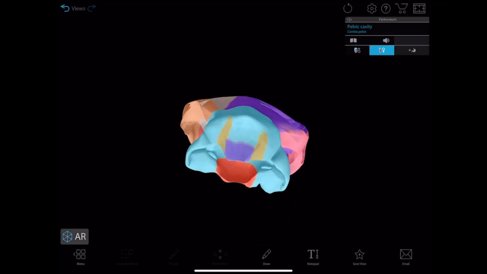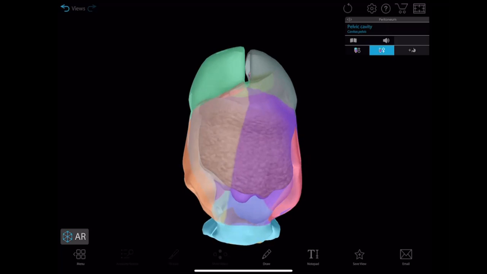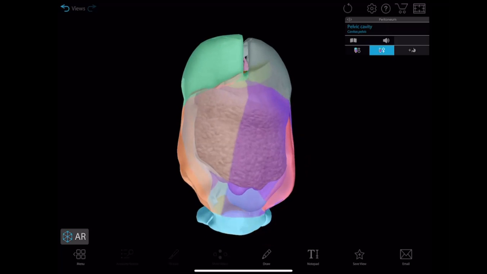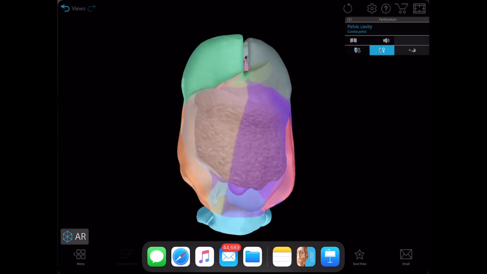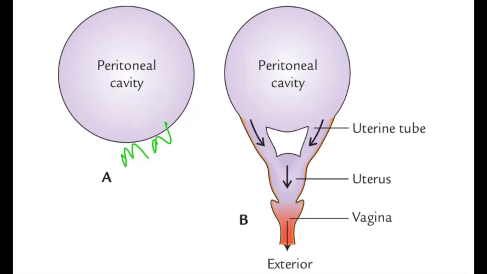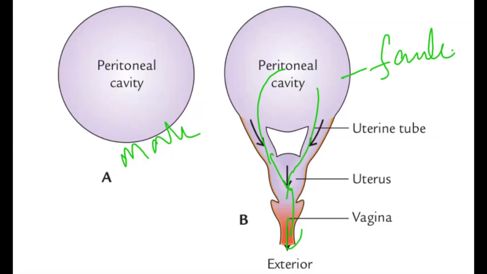It is not very clear. Open and close. You see, this is the male and this is the female, right? So tubes, uterus, vagina.